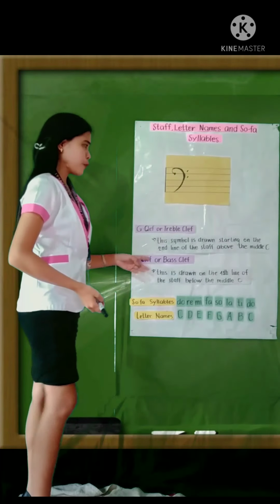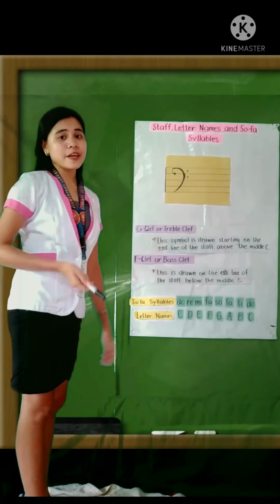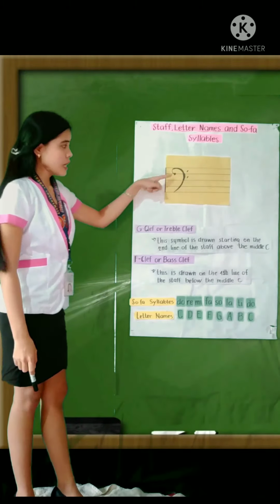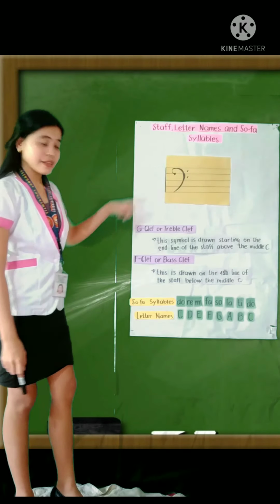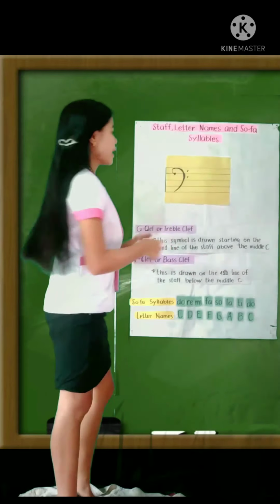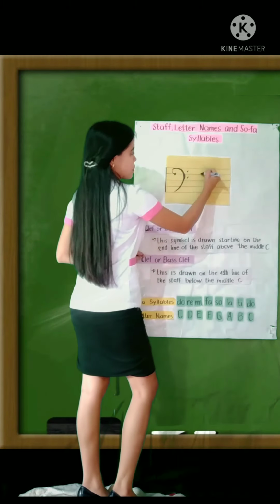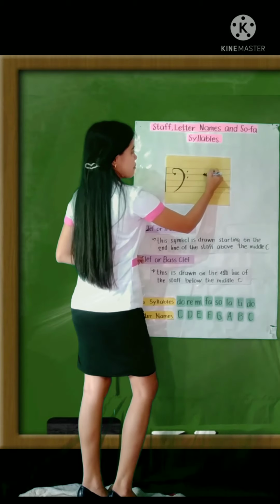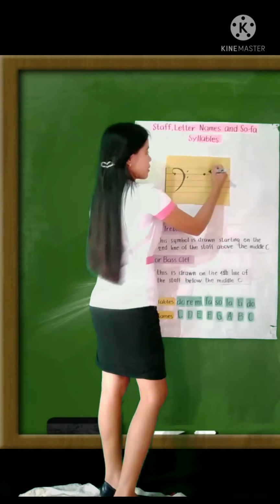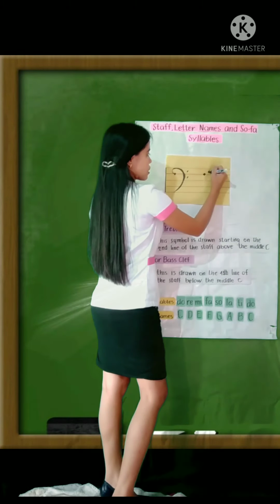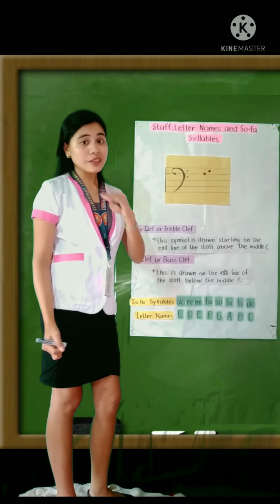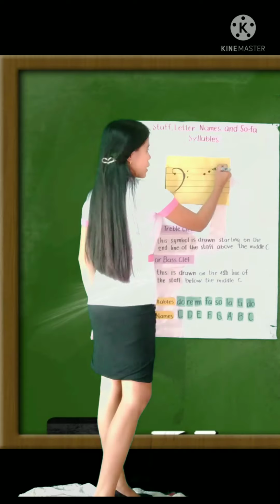This clef also has specific pitch names. Since we start at this fourth line and the name of this clef is F clef, we will start with letter F. So here, letter F. Next of letter F is letter G, then we will go back again to letter A. So, A.